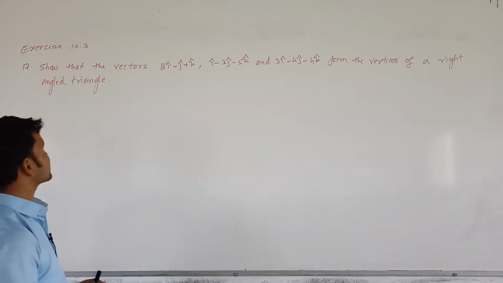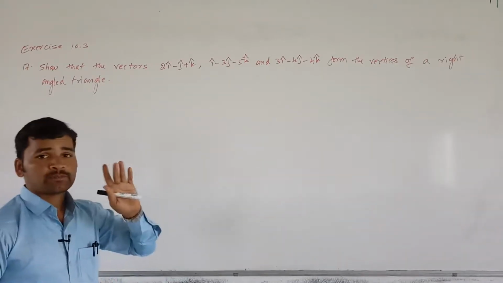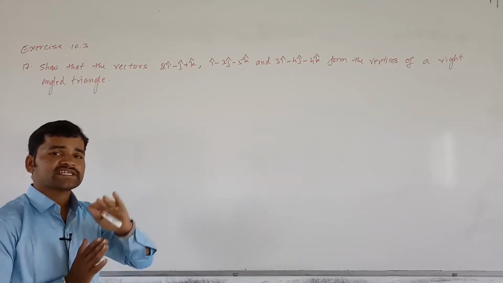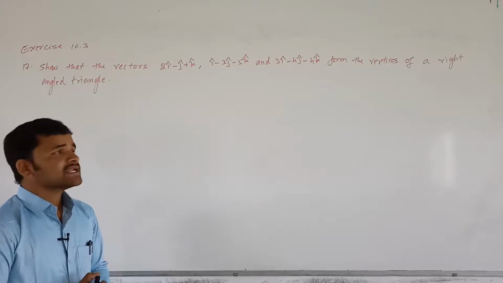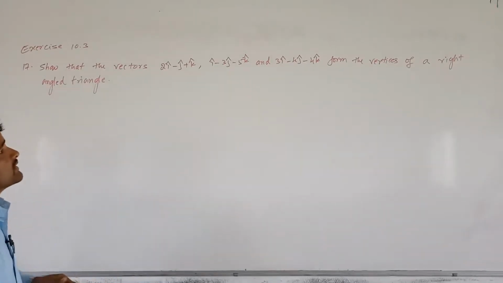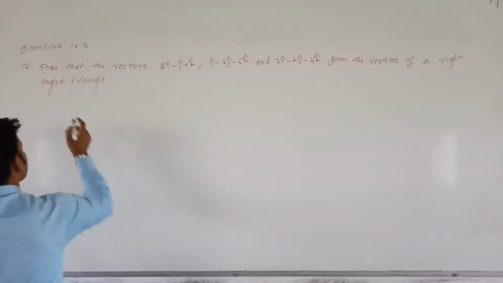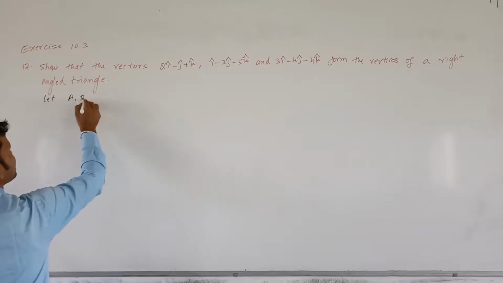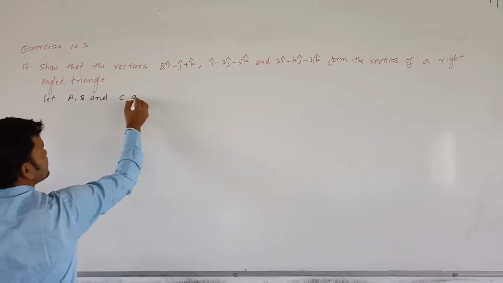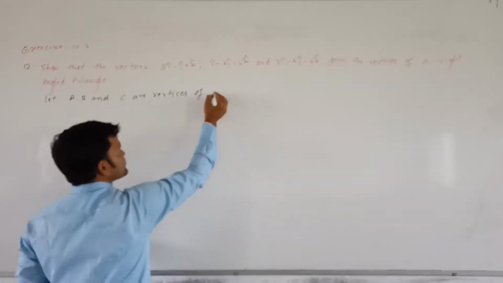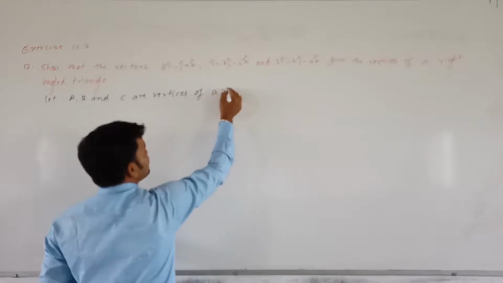Vertices of a right angled triangle, in the sense these are the position vectors. We need to find out the vectors representing the sides of the triangle, then we need to show those are forming a right angled triangle. So, let A, B and C be the vertices of the right angled triangle.